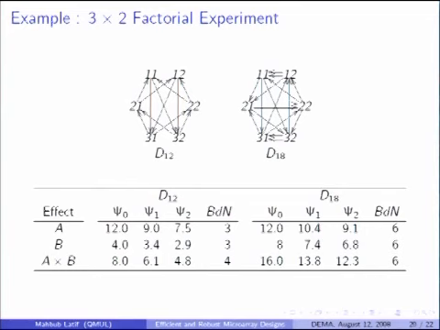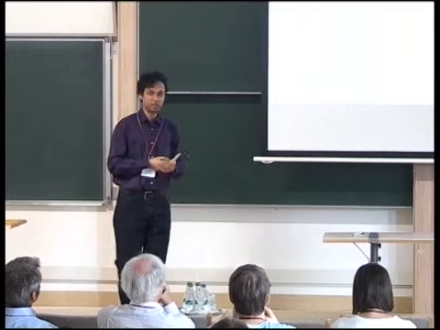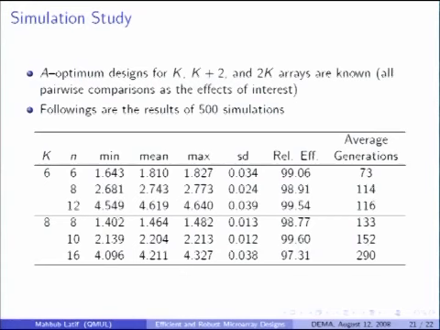Now, as I don't know any paper which discusses this specific design, I could not compare. But I know from Cheng and Churchill's paper the best designs for comparing 6 treatments and 8 treatments with k arrays, k plus 2 arrays, and twice k arrays.